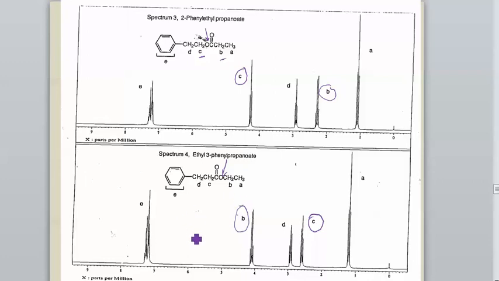Everything else about the two spectra match up pretty nicely, but it just shows us that even when you have a very subtle difference in structure, the NMR can oftentimes show differences that allow us to, in this case, tell the difference between these two esters that are isomers of one another.